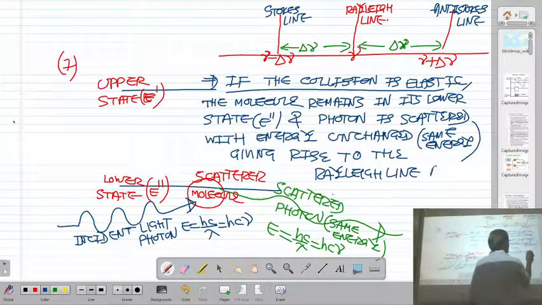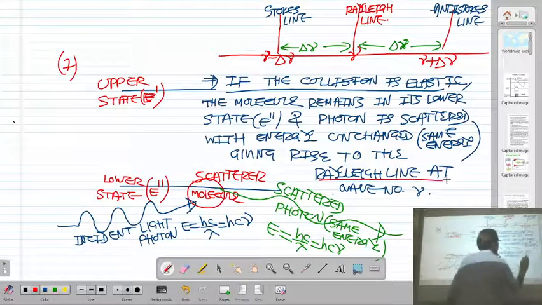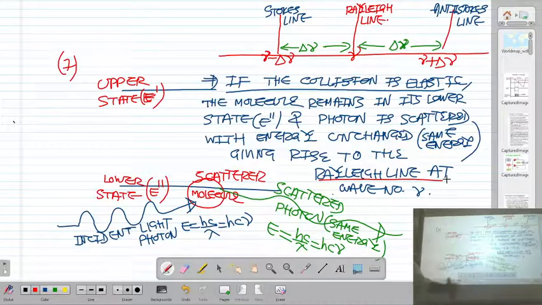At wave number ν. This is the explanation of Rayleigh line. That how do you get the Rayleigh line in this experiment?